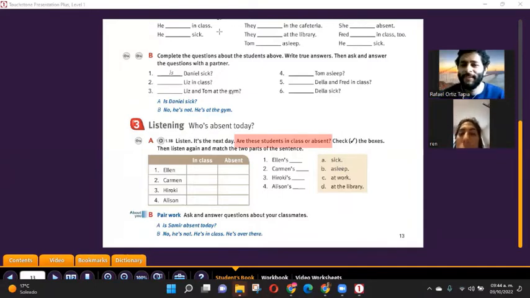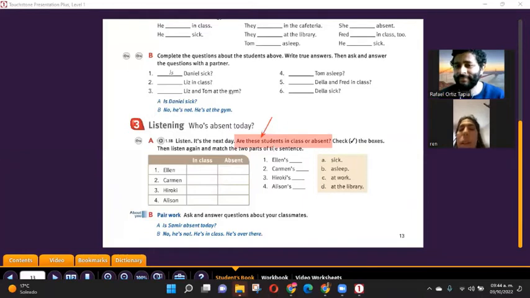Okay. Well, you gotta be careful with this one right here. In this connection between these and students, what you do not have to say is this is. This is students, that's incorrect. Why? Because these students are these students, not these students, but these students. Are these students in class? Exactly.